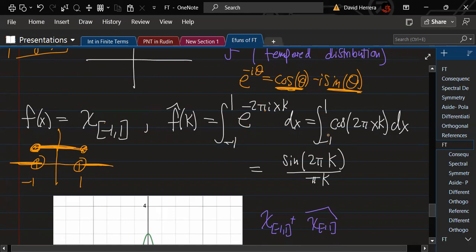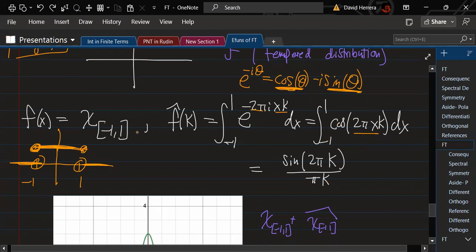So if you integrate -1 to 1 of cosine of 2 pi xk, well, what is this integral? It turns out to be sine of 2 pi k. Now you have to divide by 2, and then you evaluate at these two endpoints, so the 2 goes away.